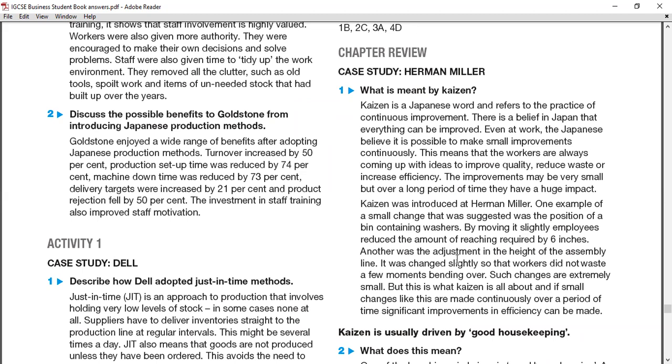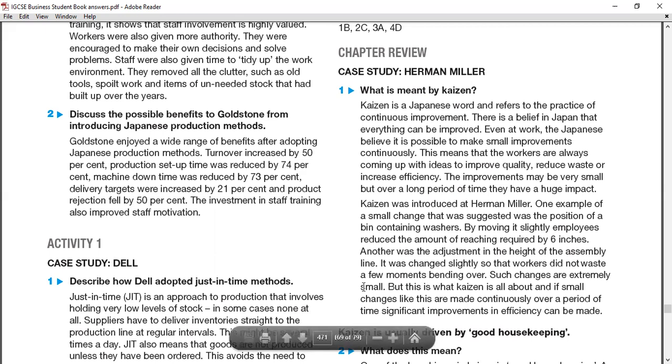Right, and not only that, another was the adjustment of the height of the assembly line. It was changed slightly so that the workers did not waste a few moments bending over. Imagine, look at the way, right? So workers' movements are reduced.